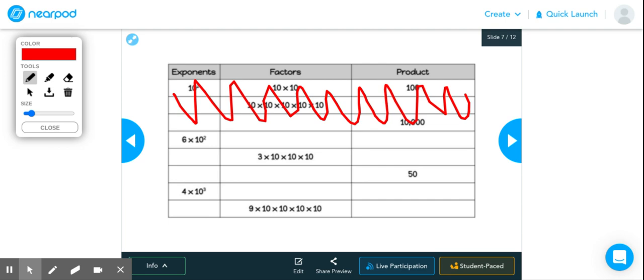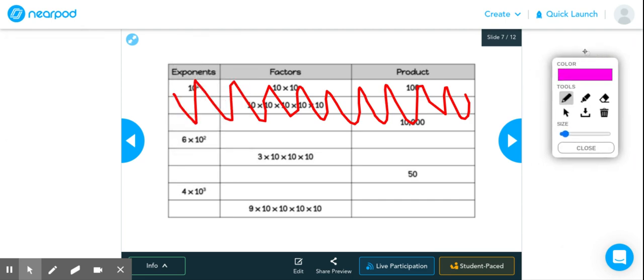So it says 6 times 10 to the second power. Well, what that means is, instead of saying 6 times 100, they just rewrote this in another way. So 6 times 10 to the second power is the same thing as saying 6 times 100, because we know that an exponent of 2 means 2 zeros.